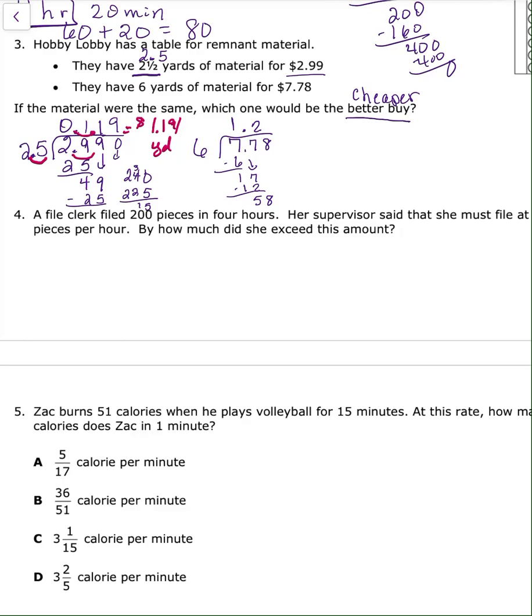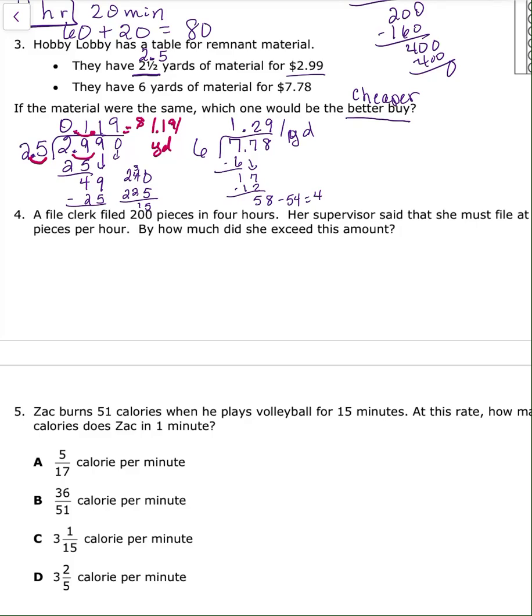$56, $57. Nope, 8. Nope, that's 48. 54. Struggling to remember my 6 facts there for a second. So it would be 58 minus 54. 54. And I don't need to keep going because I've got $1.19 per yard.